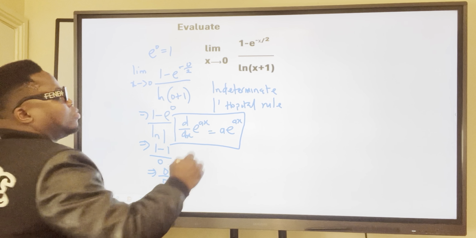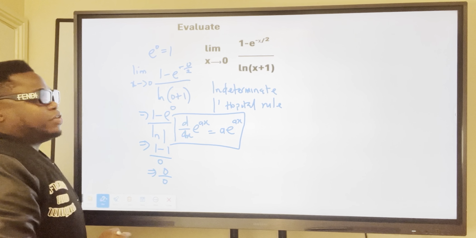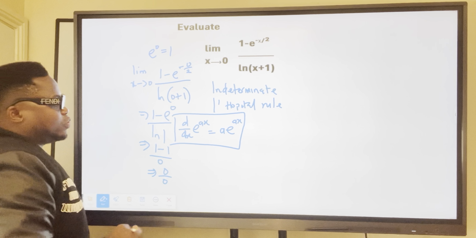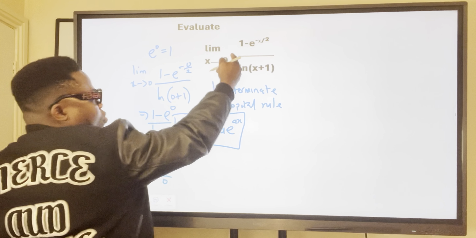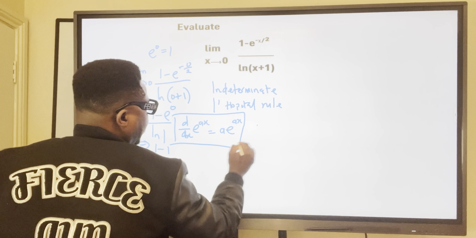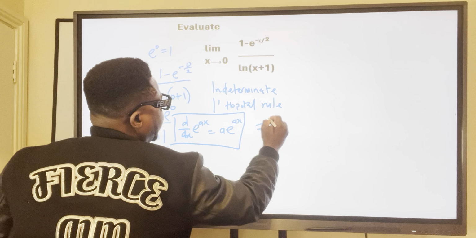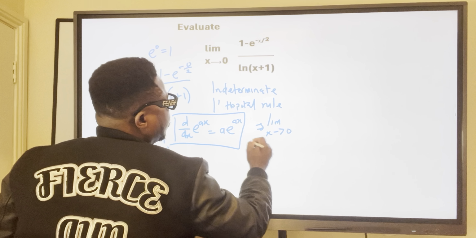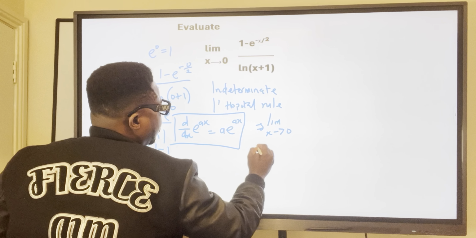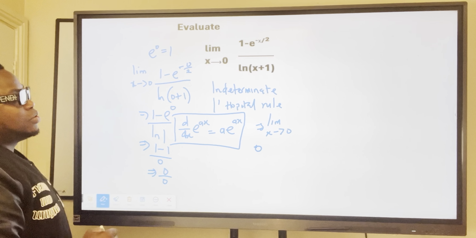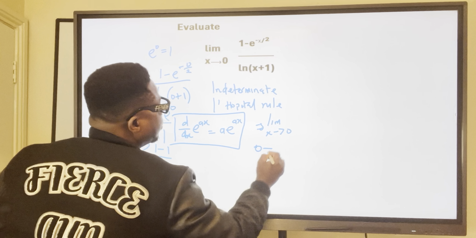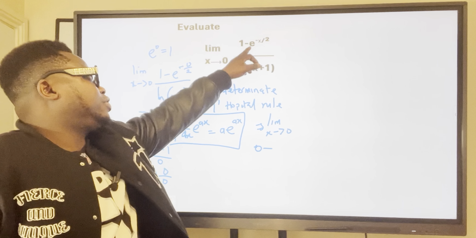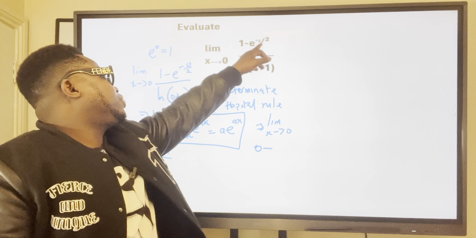Now, remember that whenever you're differentiating a constant, 1 here is a constant, and if you differentiate a constant, it's going to be 0. So if I differentiate 1 here, I'm going to have 0, minus, if I differentiate this expression here, e to the power of minus x over 2.